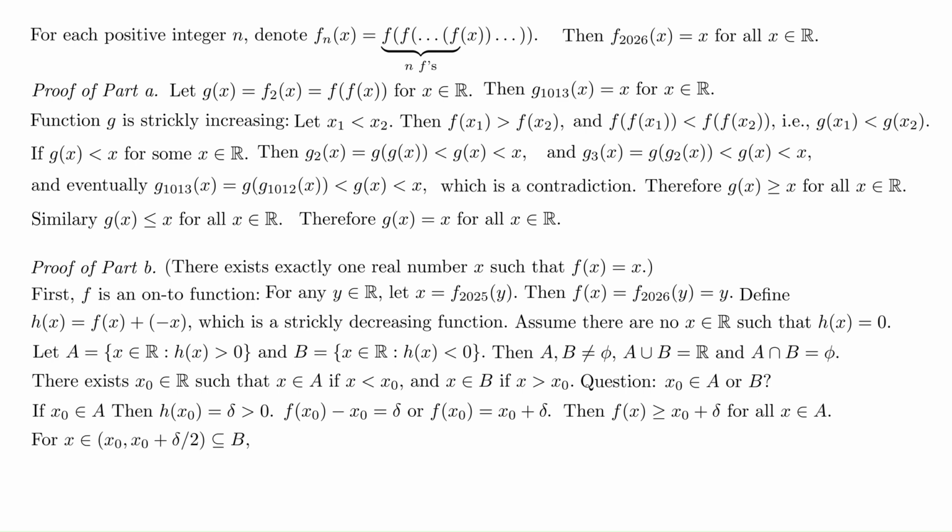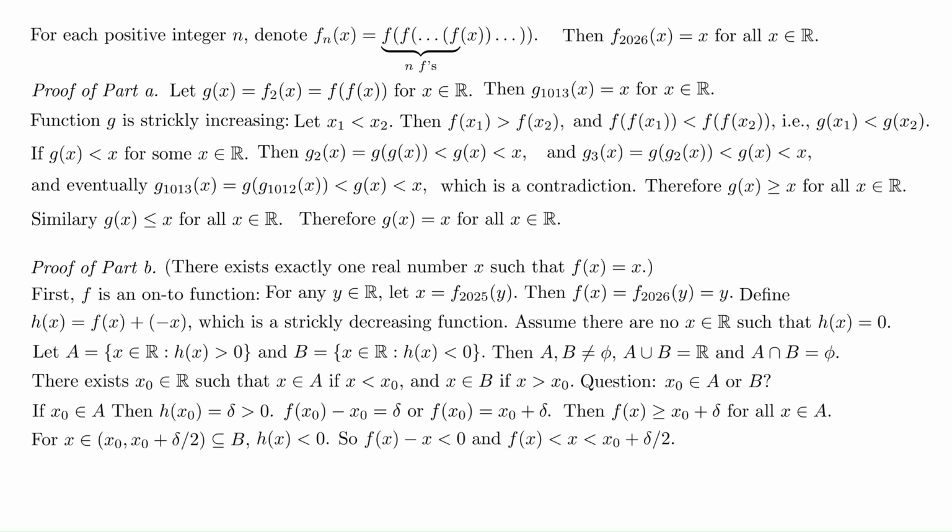What about f's values for x in B? The set B can be partitioned into two intervals. One is the open interval between x0 and x0 plus 1/2 of delta. On this interval, h of x is negative, or f of x is less than x, which is further less than the right end point of the interval, x0 plus 1/2 of delta.